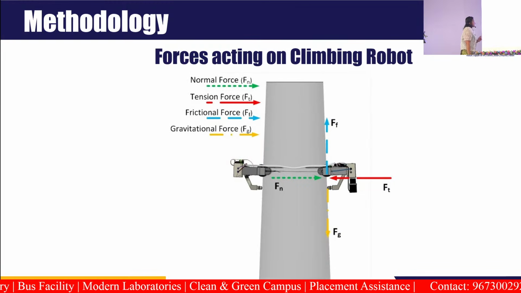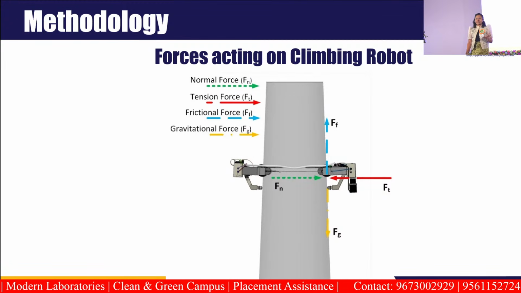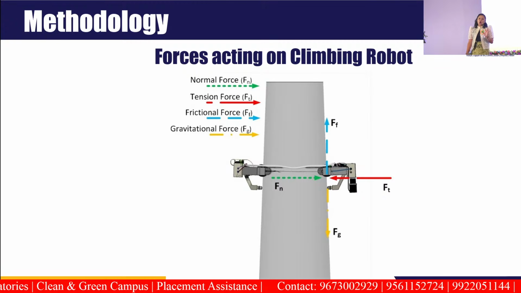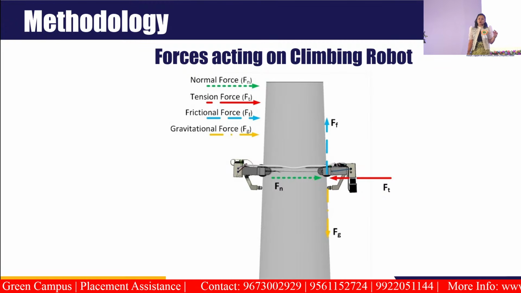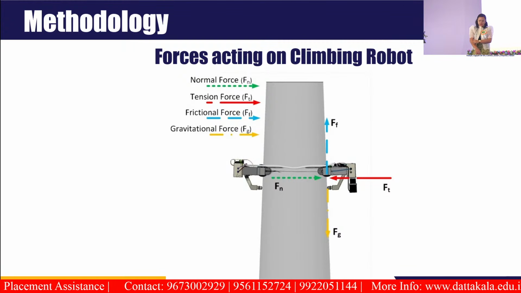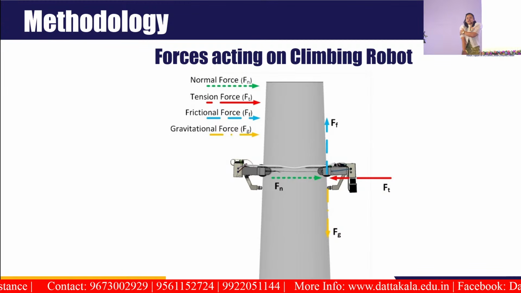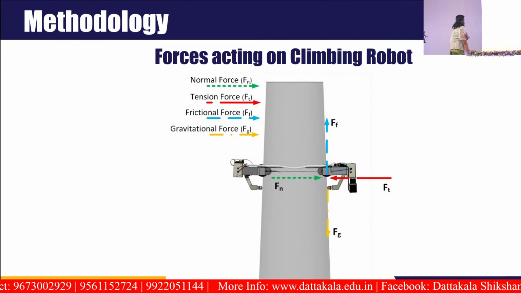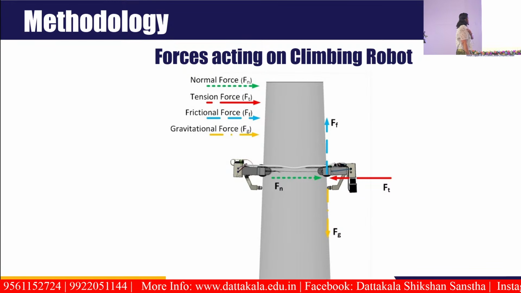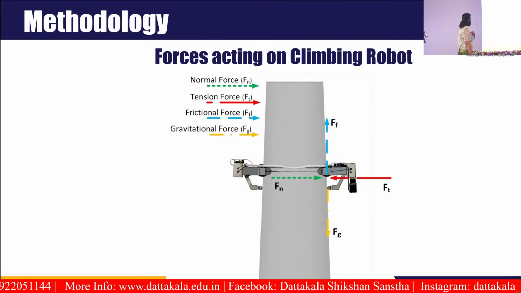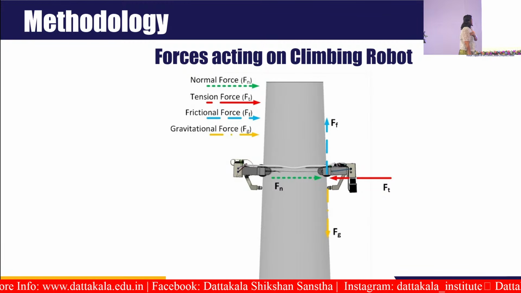Then, of course, we come up with studying all the forces behind those robots. You have to do the mathematical analysis of certain forces: tension force, frictional force, and then the gravitational force.